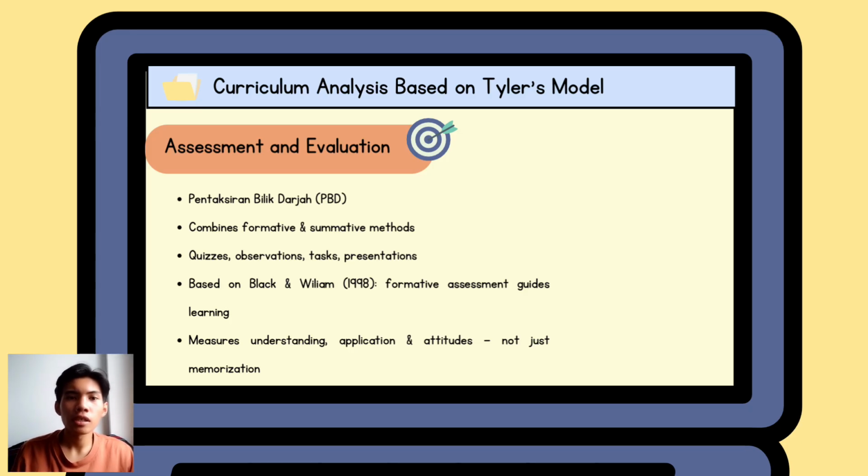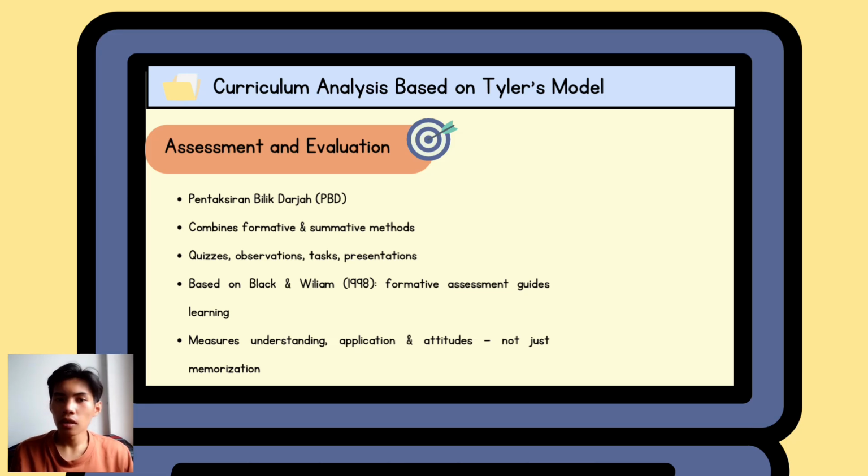This assessment system is used in Form 2 Science in Pentaksiran Bilik Darjah, PBD. It is a classroom-based assessment approach introduced by the Ministry of Education that includes both formative and summative methods such as observation, quizzes, performance tasks, performance tests and student presentations.